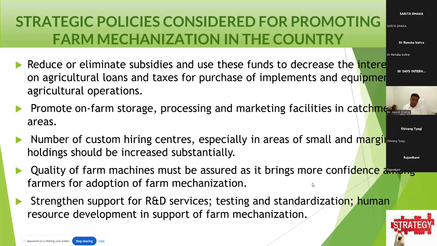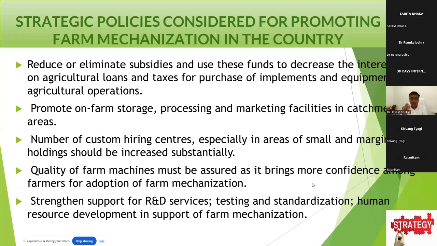We should expand the custom hiring centers for small farmers too. As I said, different small machines can be made available in these centers so that farmers can easily use the machinery in their fields.